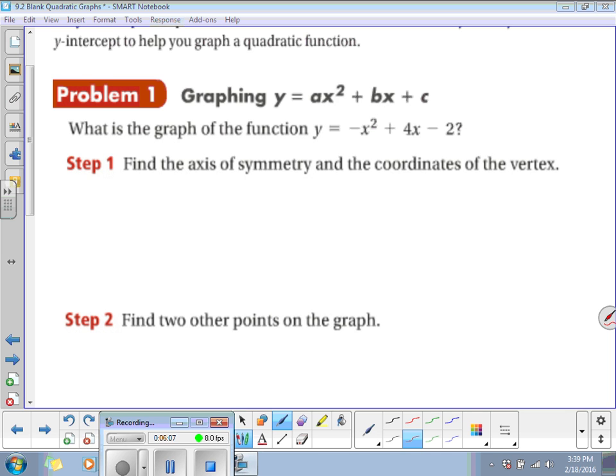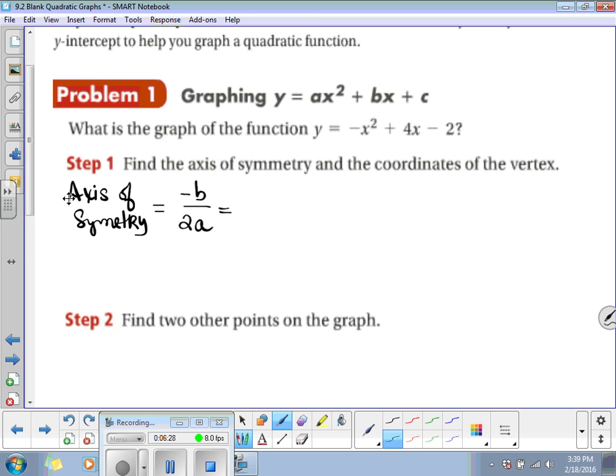So the axis of symmetry, we're going to use our formula, negative b over 2a. And we just get that information from our equation.